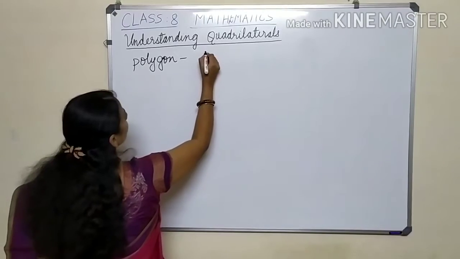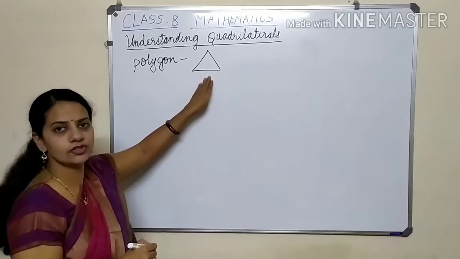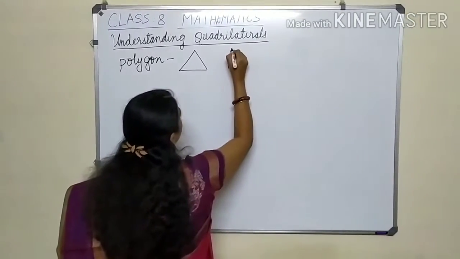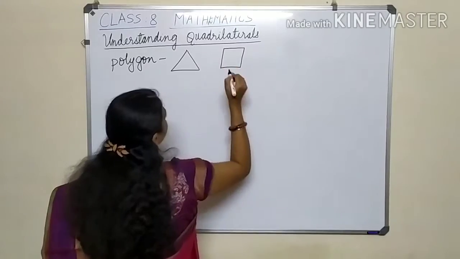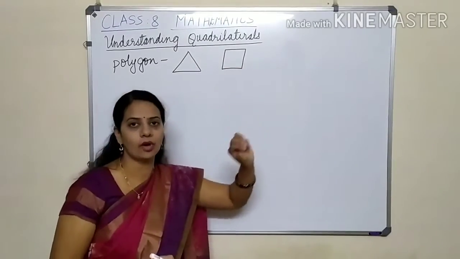Okay. So for example, look at this. This is a triangle. Now this is a square. So all these are called polygons.